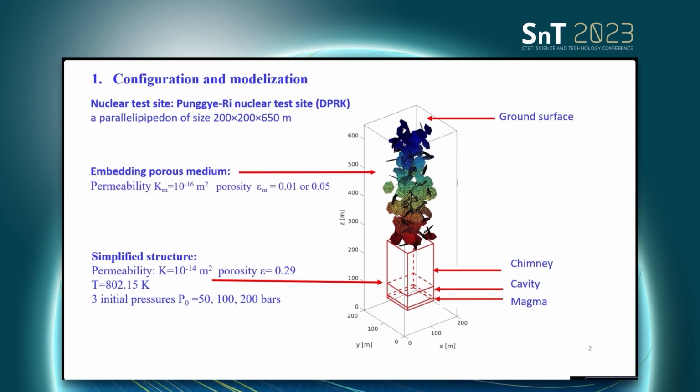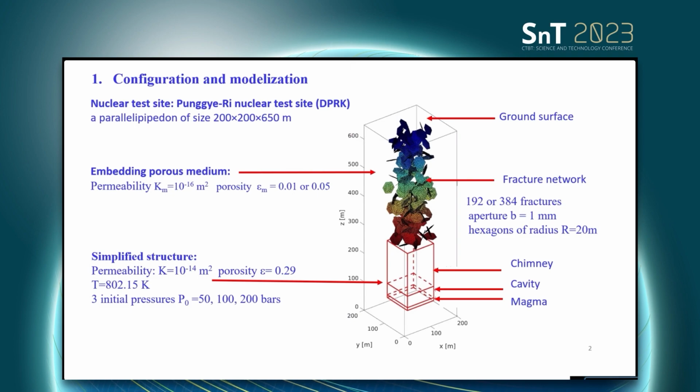We have an embedding porous medium with a much lower permeability, a much lower porosity, and a fracture network, which is partially or totally created by the test, with 200 or 400 large fractures of a radius of about 20 meters.